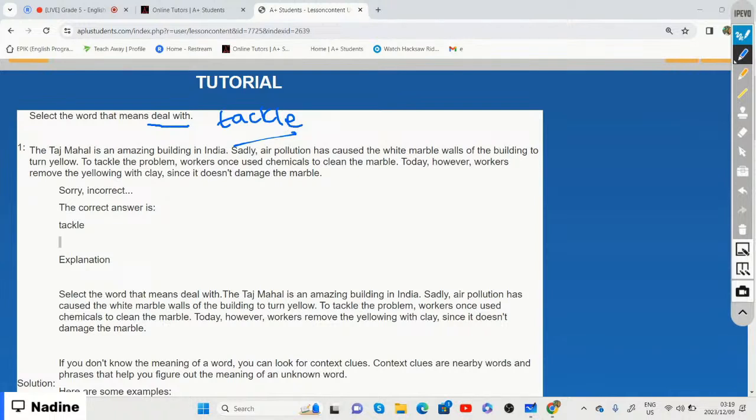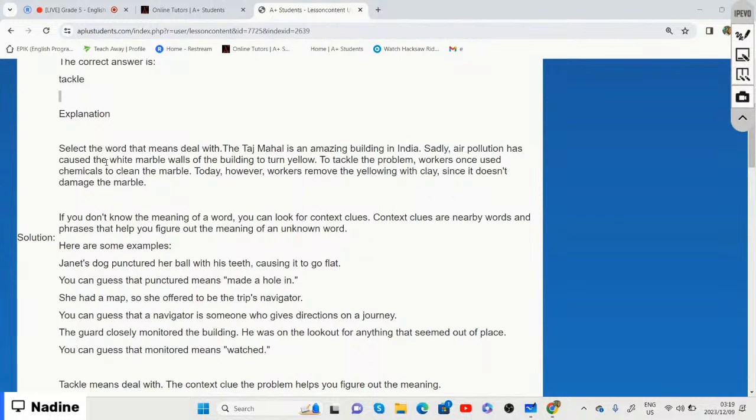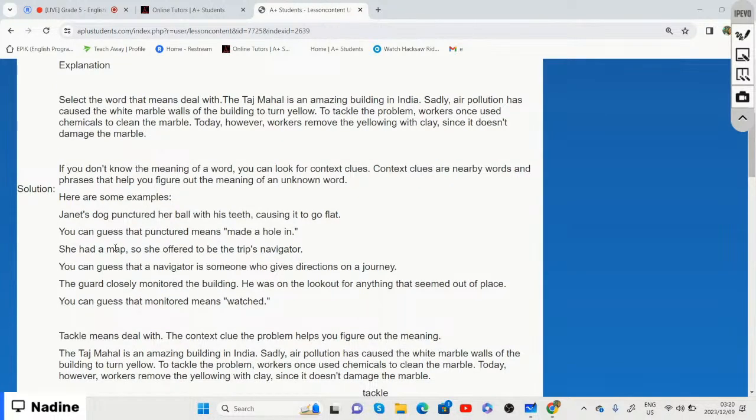As you can see, the question was to select the word that means deal with, and all we had to do was try and find a specific word that probably means that. So we said tackle means to deal with.